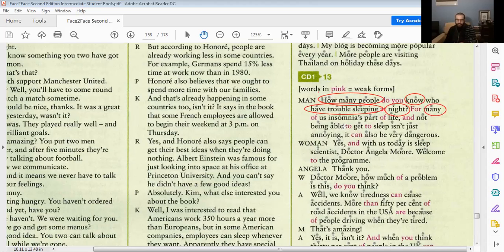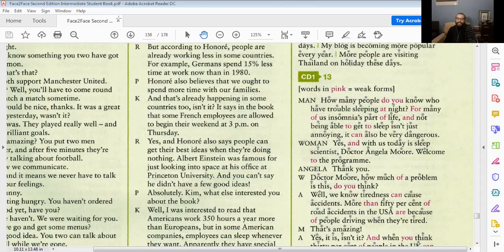So it's because the schwa is not stressed. Yeah, you're right. So all of these are not stressed. Get, sleep, isn't just annoying, it can also be very dangerous. So he stressed all the other words. So even though they use the weak forms, it doesn't affect the meaning or the clarity, because all the other words are stressed.